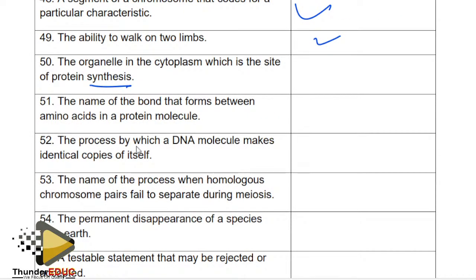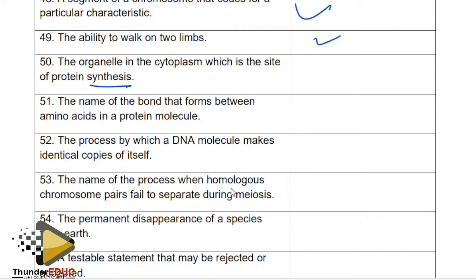Then the process by which a DNA molecule makes an identical copy of itself is DNA replication. Name the process where homologous chromosome pairs fail to separate during meiosis.